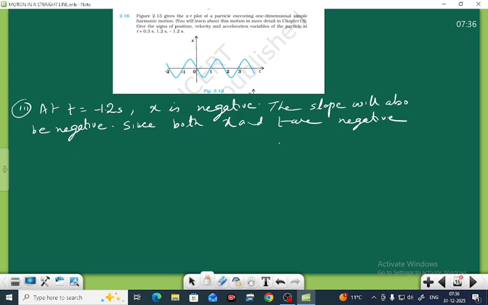Since both x and t are negative, the velocity comes to be positive.